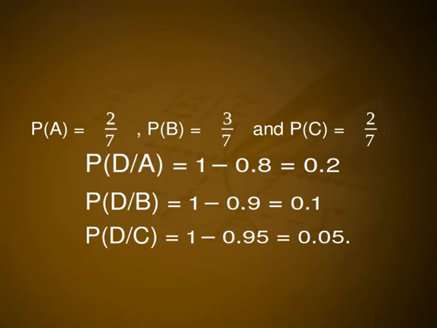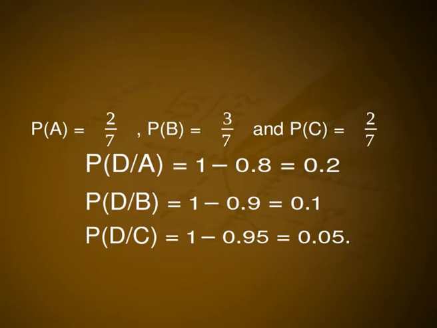Let us denote the events that the surgeons attend a patient respectively as A, B and C. Let the event that a patient dies after treatment be denoted as D. Then from the given facts, it follows that P of A equals 2 by 7, P of B equals 3 by 7 and P of C equals 2 by 7.